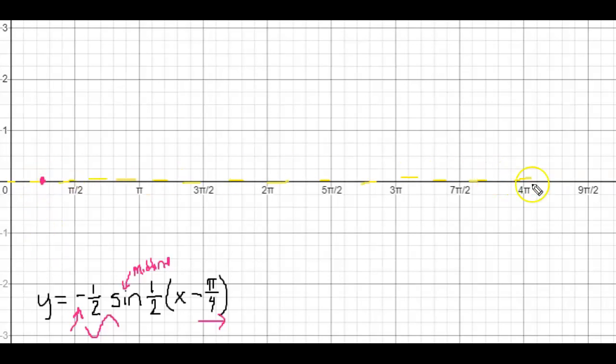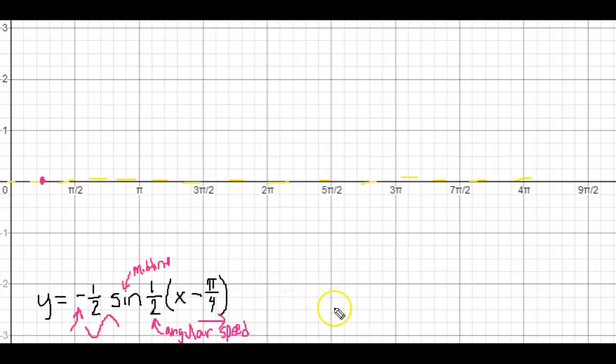Now I need to know how long the period is so that I can break it down and do my graph. So when I look here, I have an angular speed. My angular speed is 1/2 a radian per second.